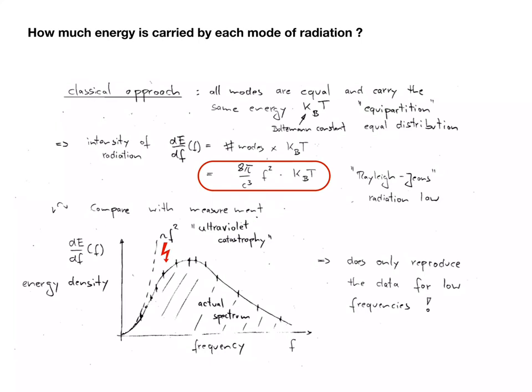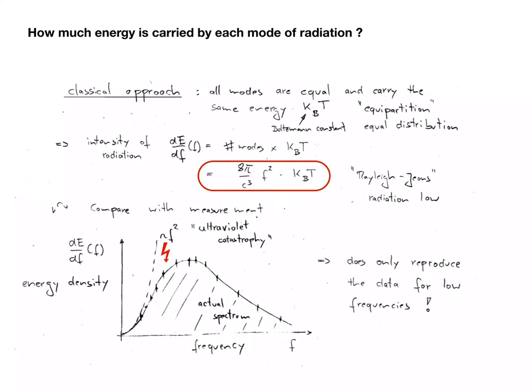In the classical approach, before Max Planck's important realizations, all modes are considered to be equal and carry the same energy, which is given by the product of Boltzmann constant and temperature, kBT. This is also referred to as the equipartition or the equal distribution of the energy.